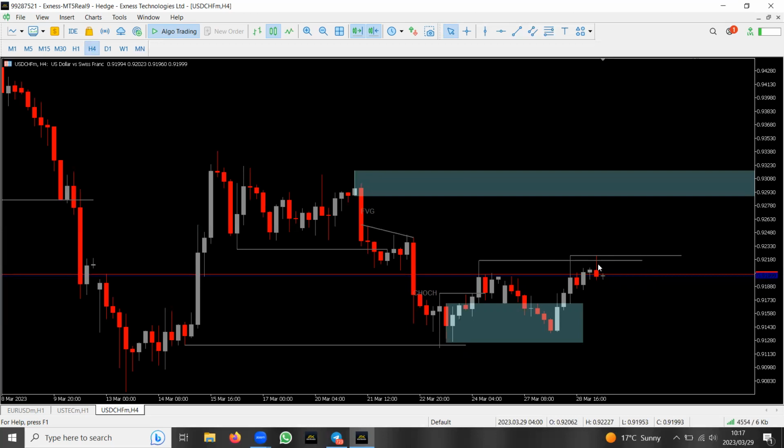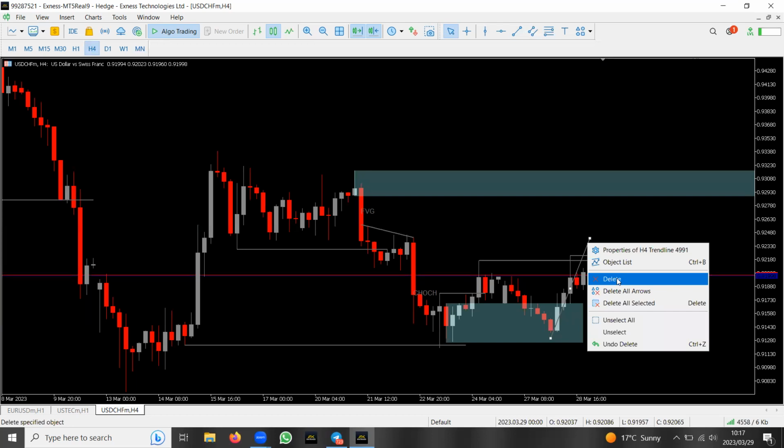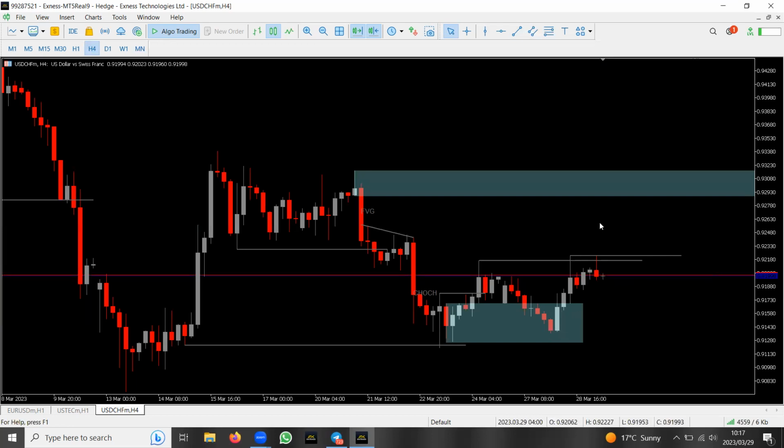So which move is this? It's a complex pullback. So in simple terms, it's an expansion move of the complex pullback.